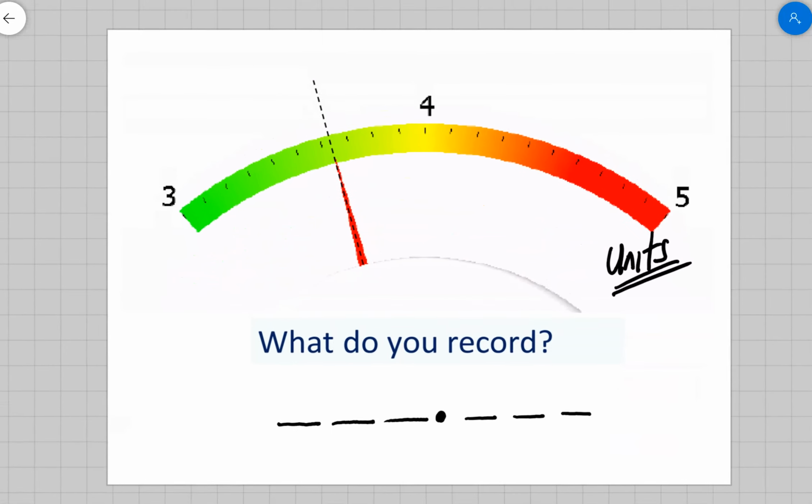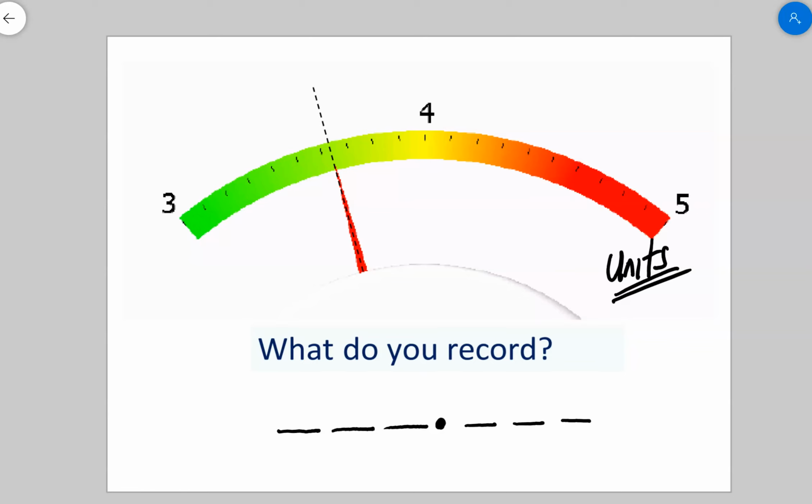All right, so here I have some made up measuring device. I don't even know what it's measuring, but it's okay because it's just going to be measuring in units. What would you record if you were looking at this meter? What would you record in your data table? In the space below, I have spaces where you have the option of recording your digits.